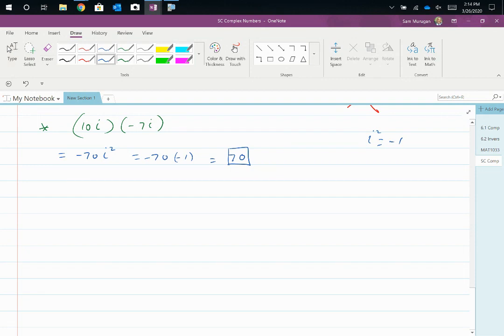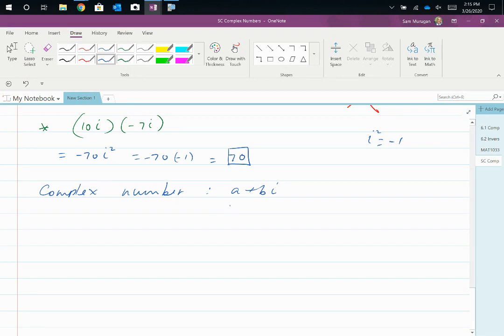Just coming back to real numbers and imaginary numbers again. A complex number, remember, we said is in the form a plus bi.